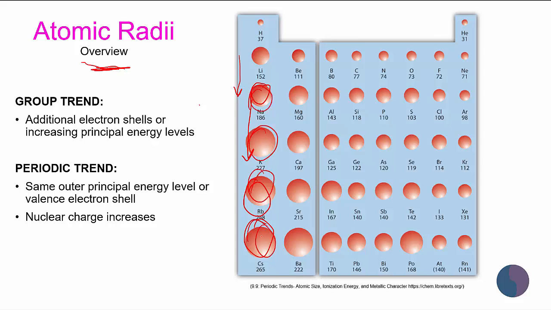It's that simple. Going across, it's the same outer principal energy level. Use the word outer now, or valence electron shell, because it's the outer one. So they're all the same distance from the nucleus, but the protons are increasing. So the nuclear charge is increasing, and so they are drawn closer and closer to the nucleus. So radii increase down a group and decrease across a period.